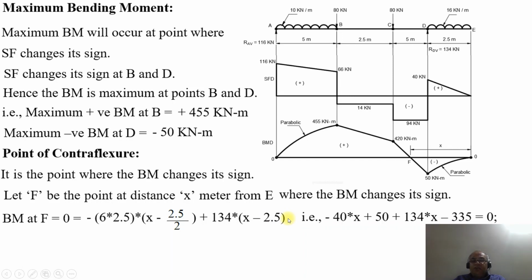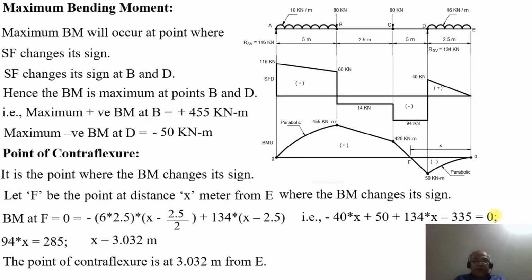On simplification, you can see minus 40 into x plus 50 plus 134 into x minus 335 will be equal to 0. Then we get 94 into x equal to 285. Therefore, x will be equal to 3.032 meters from the free end E. So the point of contraflexure is at 3.032 meters from E.